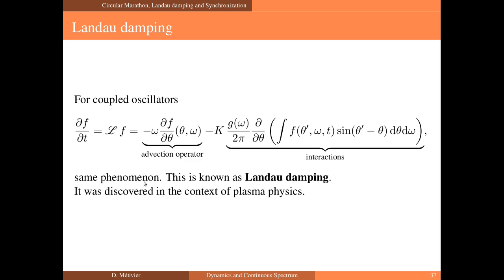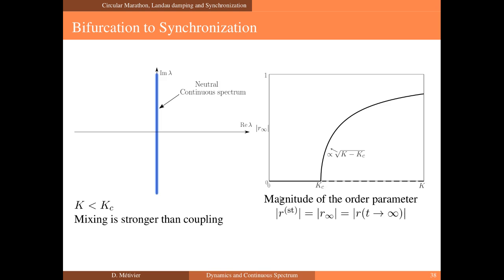It was discovered in the context of plasma physics, because in plasma physics you have electrons, they have different speeds, so they mix. Then you have many more subtleties, but let's say the basis of the phenomenon of Landau damping is just this mixing with a continuous spectrum. Okay, I'm not saying that's all the story, but that's most of the story.